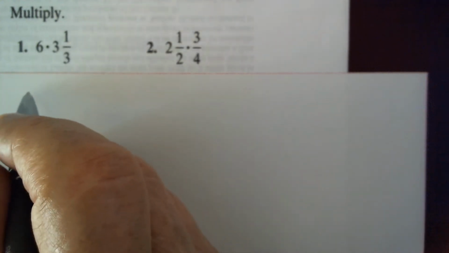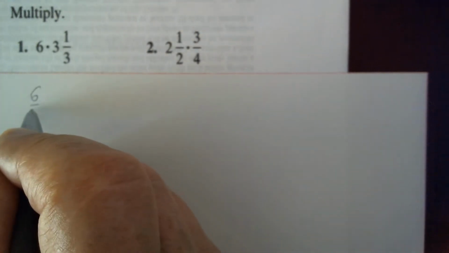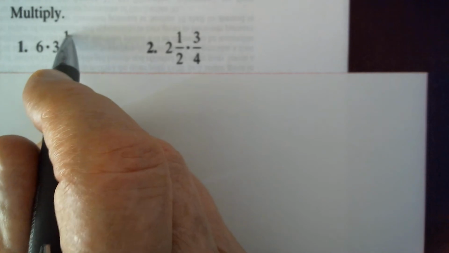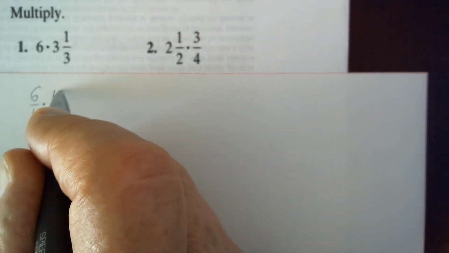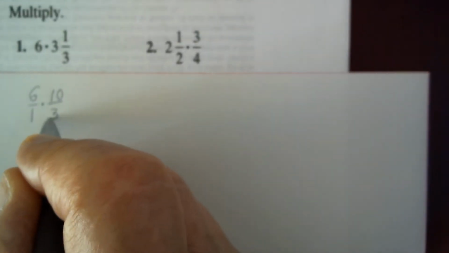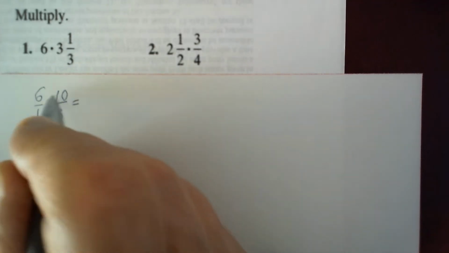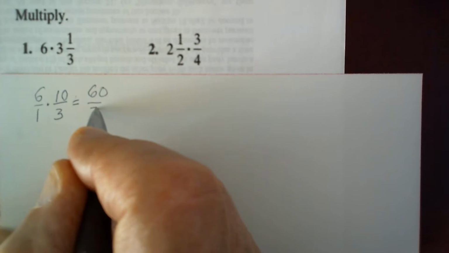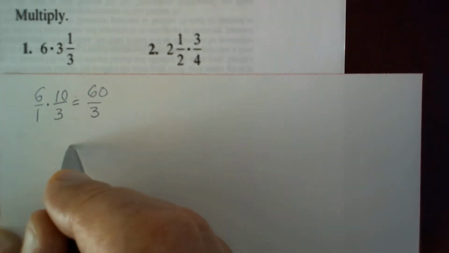So first we convert 6 into a fraction, that's 6 divided by 1, and then 3 1/3, that's 3 times 3 is 9, and 9 plus 1 is 10, so that's equal to 10/3. And so now we multiply 6 times 10 is 60, and 1 times 3 is 3, so that's 60/3.